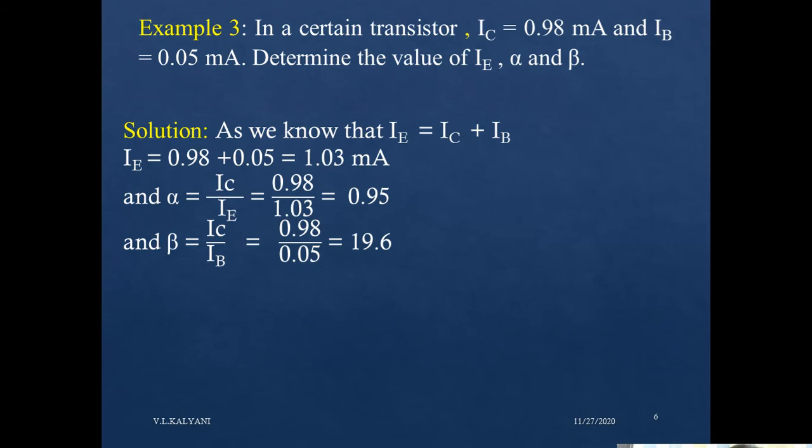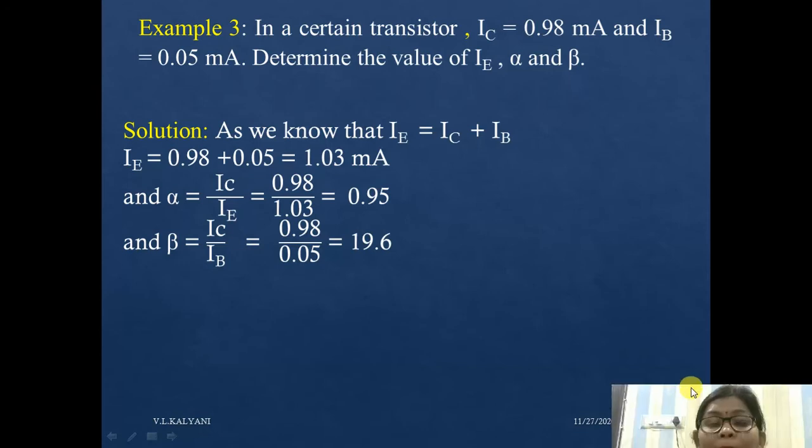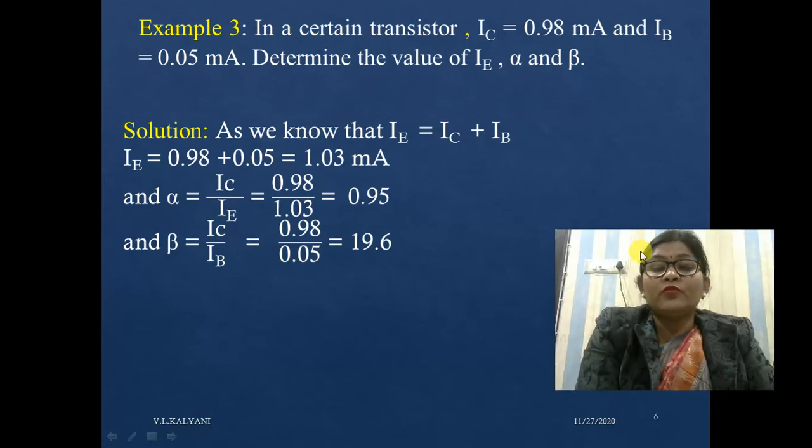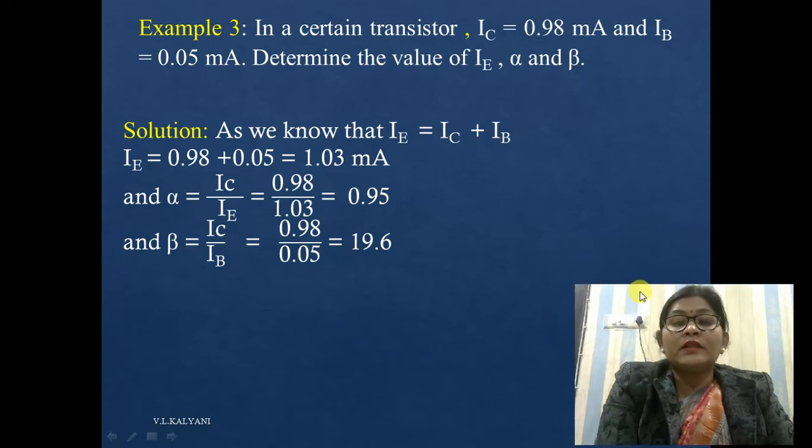Now, this is your next example. In a certain transistor, IC is equal to 0.98 milliampere and IB is equal to 0.05 milliampere. Determine the value of IE, alpha and beta. So here IE is equal to IC plus IB. As you know, the emitter current is equal to IC plus IB.